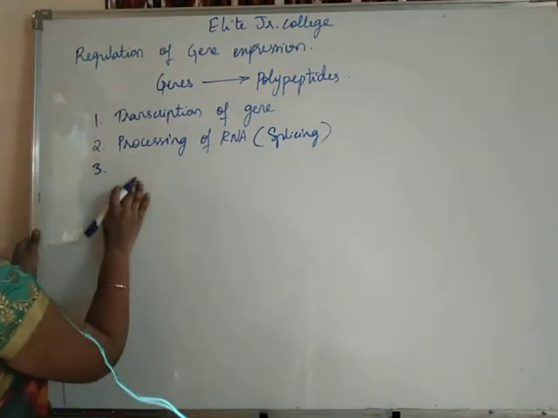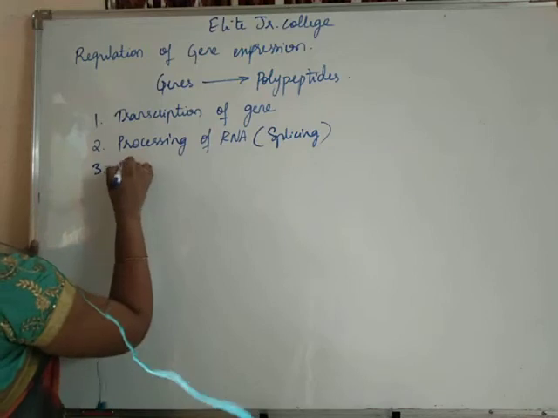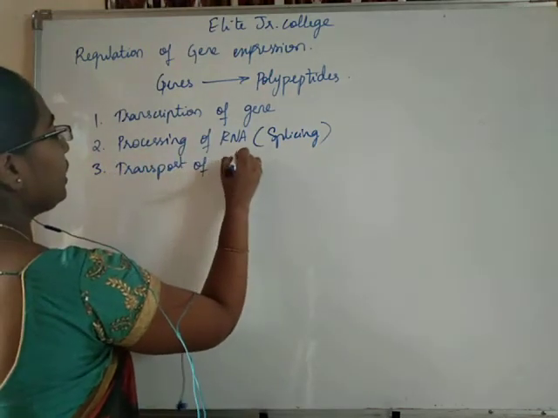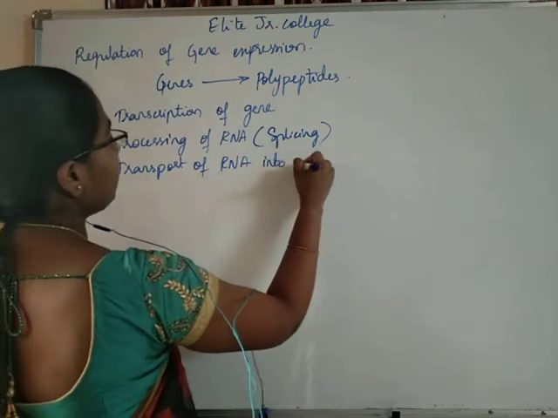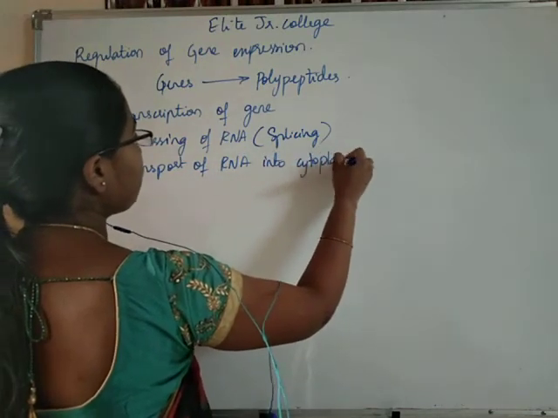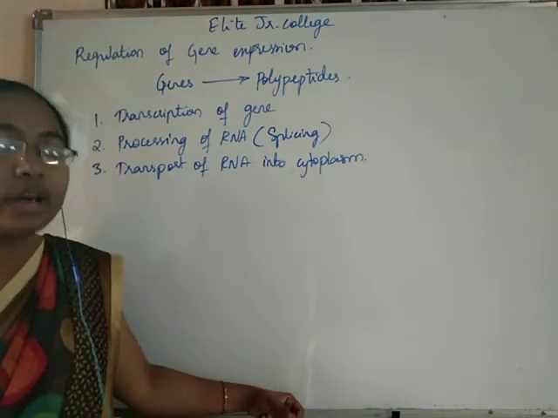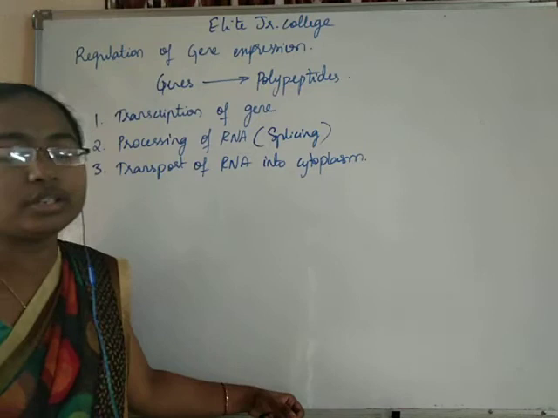And the third level is transport of the RNA into the cytoplasm. See, RNA is formed in the nucleus. From the nucleus, it has to be transported to the cytoplasm.